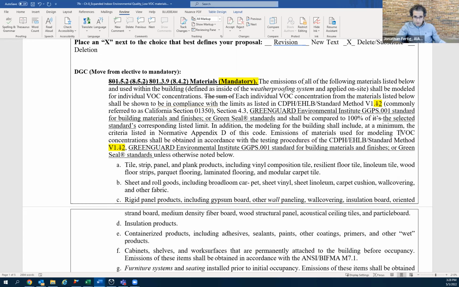One more question. So it seems like we're only covering indoor air quality with these VOC emissions, and we're not dealing with anything outside of the weather barrier in terms of VOC emissions outside of the building. Correct. So inside of the weatherproofing system and applied on site, correct? Yeah, so I guess my question is, was there thought about just including everything?